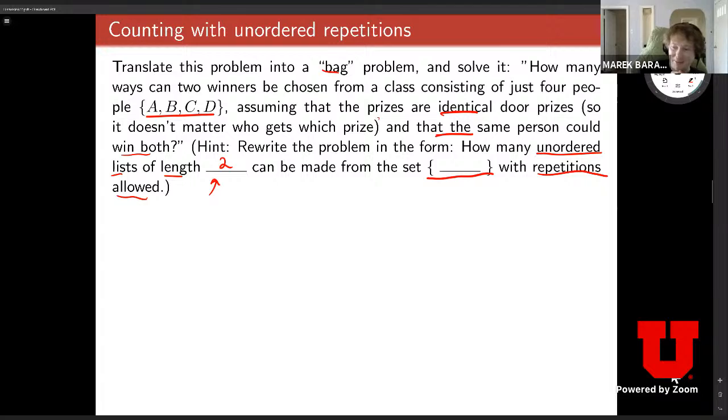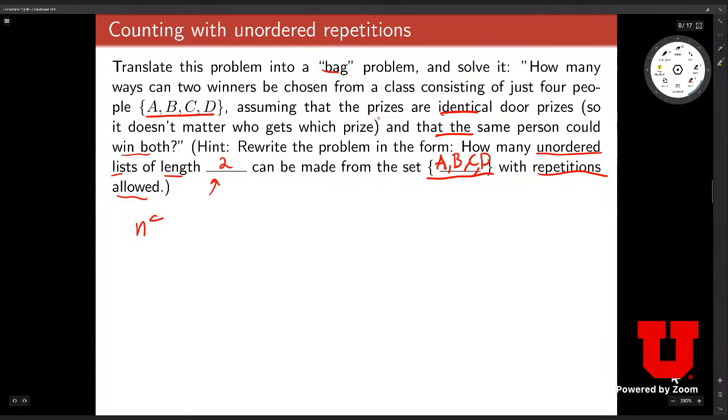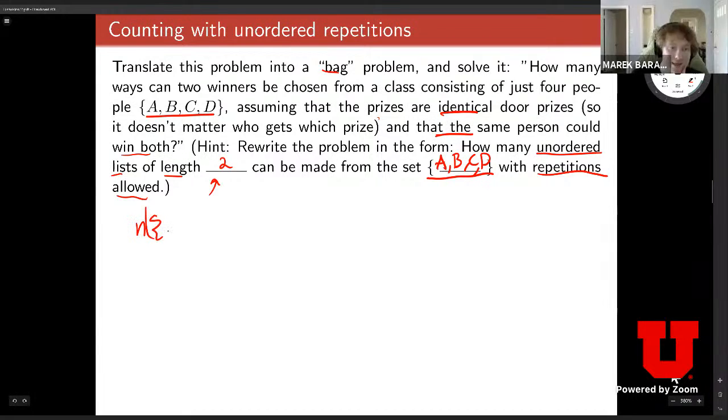That's another way of saying the answer to this one is A, B, C, D, right? So if we look at this, we have the number of elements in the set A, B, C, D. This is equal to 4.